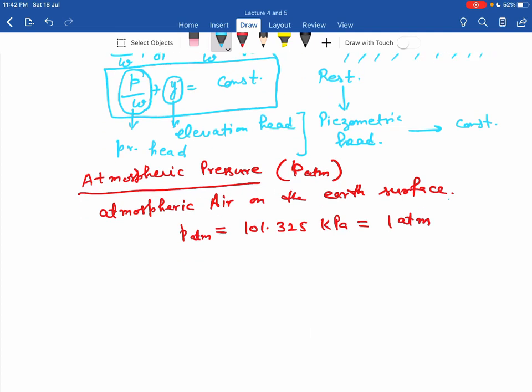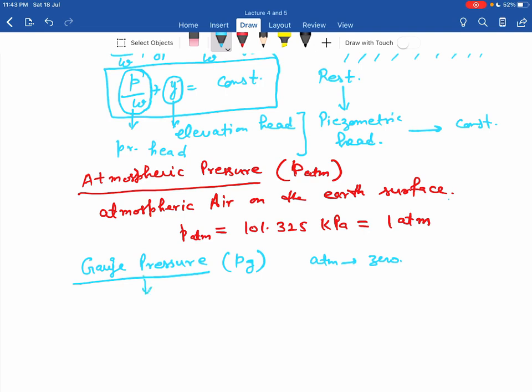We'll talk about gauge pressure first. As you know, we have different instruments for measuring different types of pressures. The pressure which we measure with the help of any instrument, we call gauge pressure. In different instruments the atmospheric pressure reading is 0. So with the help of an instrument we measure the pressure which is above or below the atmospheric pressure.